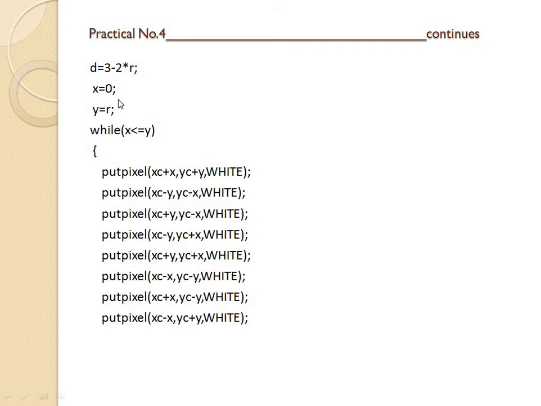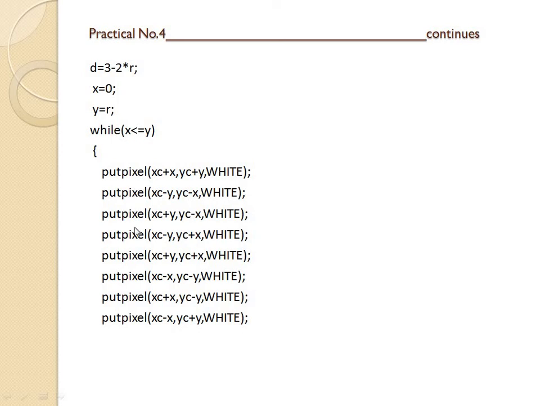If this condition is false, then the compiler automatically stops and goes to the getch function, that is, stops our program. So the condition is while x is less than or equal to y, then we also use the putpixel function.